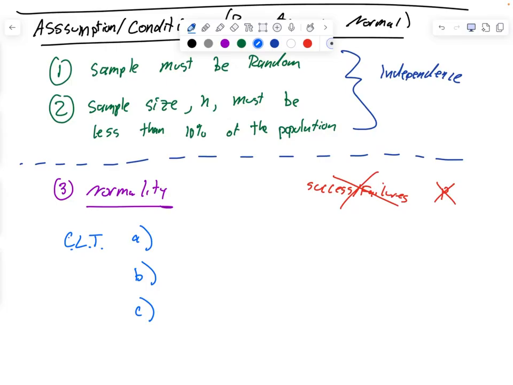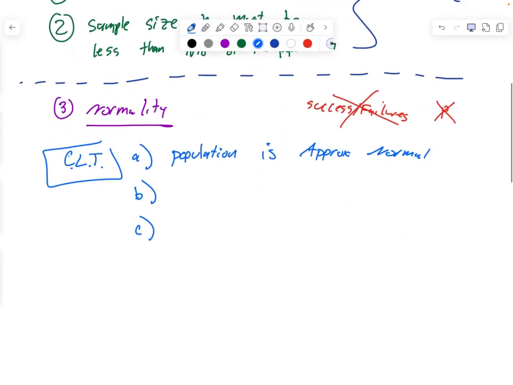Okay? Central limit theorem. One way is that the population is approximately normal. This is what we did yesterday. This is what happened in yesterday's problems, and what we talked about in our do now. In our do now, we were sampling from some population that was already approximately normal.